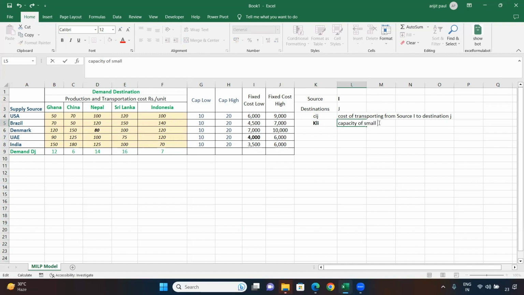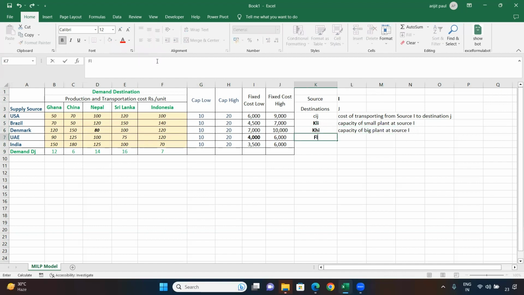KLI will represent the capacity of the small plant at source I. Similarly, what is KHI? Capacity of the large plant or big plant, whatever you want to say, at the source side.